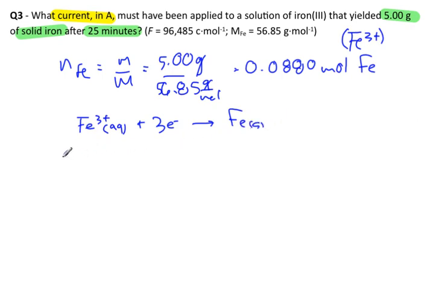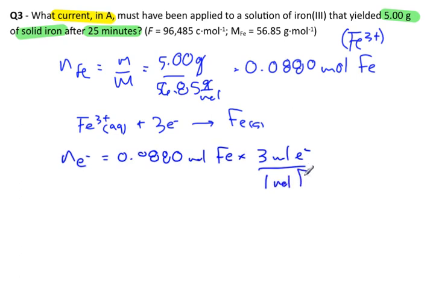And so in terms of moles of electrons, it's going to be 0.0880 moles of iron times our equation factor, which is 3 moles of electrons over 1 mole of iron. And so we get 0.264 moles of electrons.